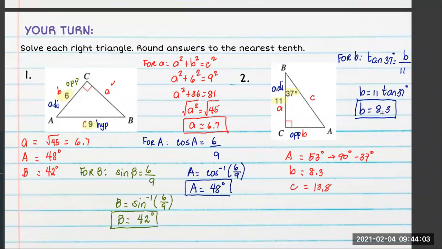If you use the B to find the C, you use the Pythagorean, you might be thinking, I've used the Pythagorean theorem because I know one side is 11 and I have already solved for B. But if you get a mistake when you get the B and you use that, your C would be incorrect. But good job, you did not use what you got for B, okay? And you got C equals 13.8. So did everybody get 13.8 for C? Or do you want us to discuss this?